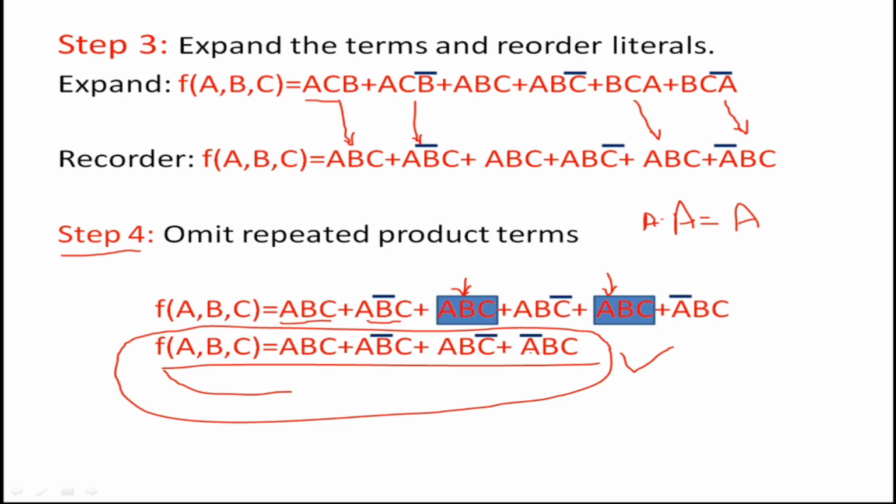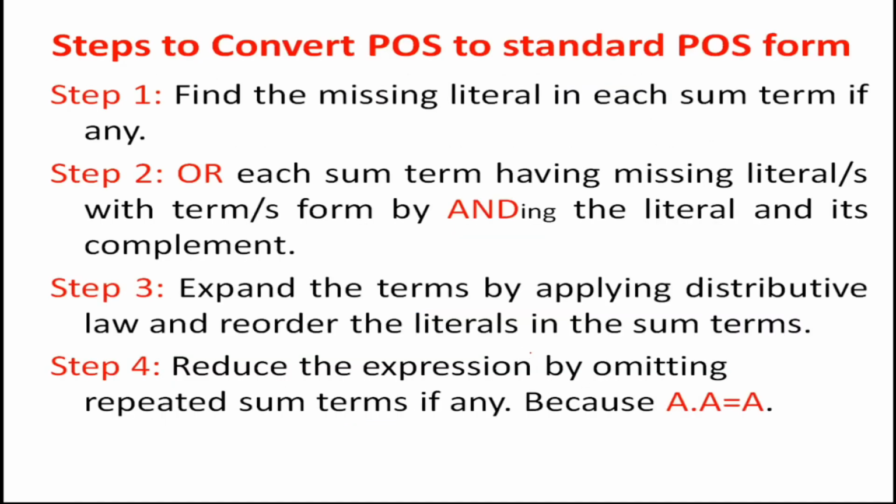The next thing you are going to see is the steps to convert the product of sum to the standard product of sum form. Step 1 is to find the missing literal in each sum term, if any. As it is a product of sum form, we have sum terms, not product terms.